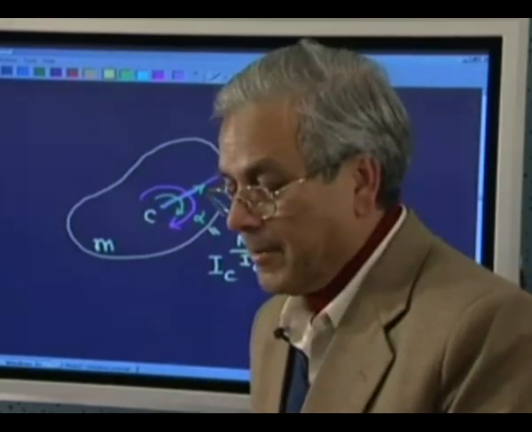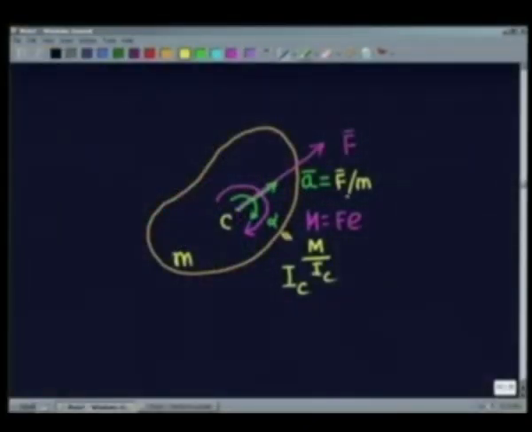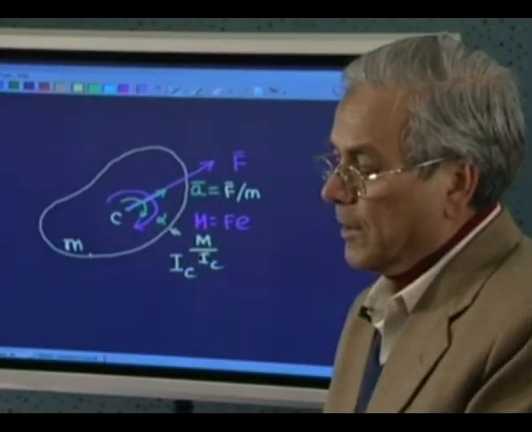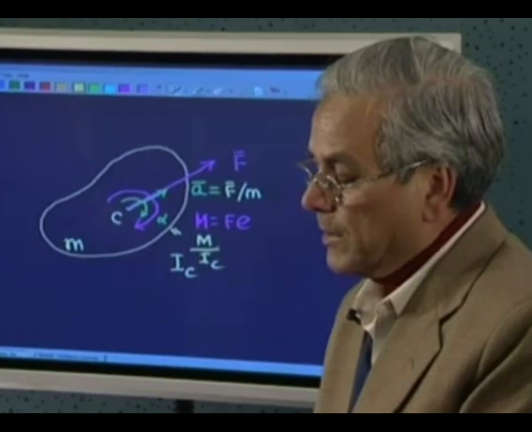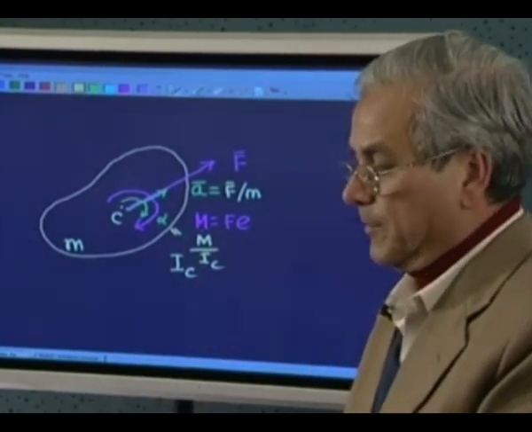This causes the motion of the rigid body in the following form: the center of mass is accelerated, which is given by this, and the body gets an angular acceleration alpha, which is given by this, about the axis passing through this.